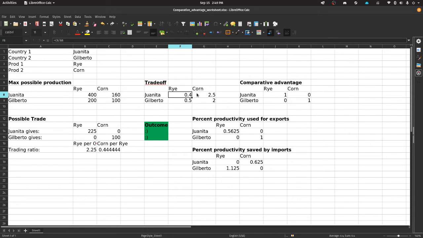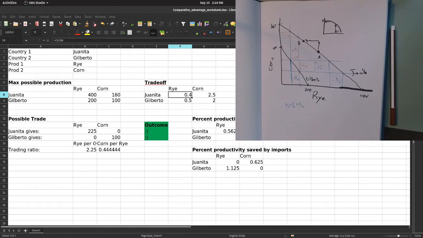What that means is that we want her to focus more on making rye and less on making corn, because she has this trade-off. She has to move across her PPF, and we want her to move in the direction of rye. Let's go ahead and bring the camera back.